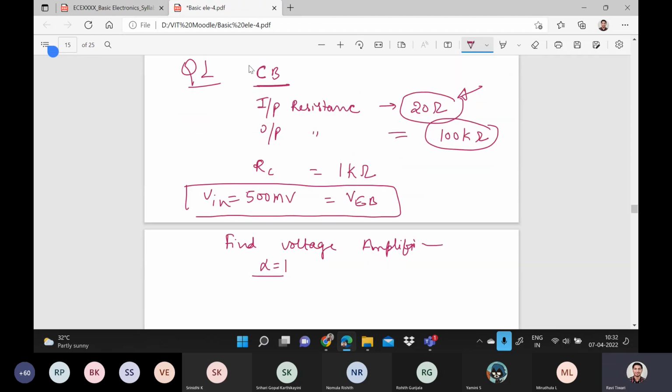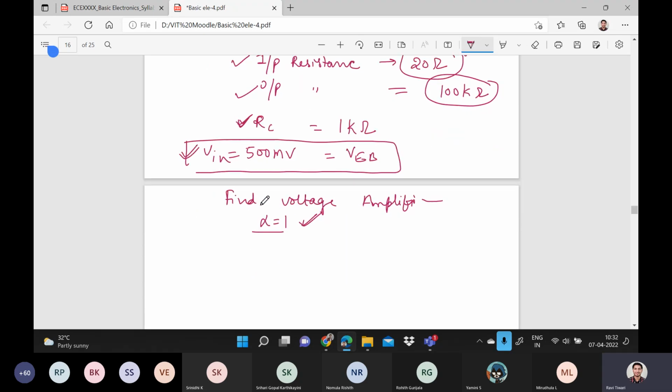You have a common base configuration. Input resistance is 20 ohm, output resistance is 100 kilo ohm, and RC, that is the collector resistance, is 1 kilo ohm. Input voltage is 500 millivolt, and alpha is equal to 1.